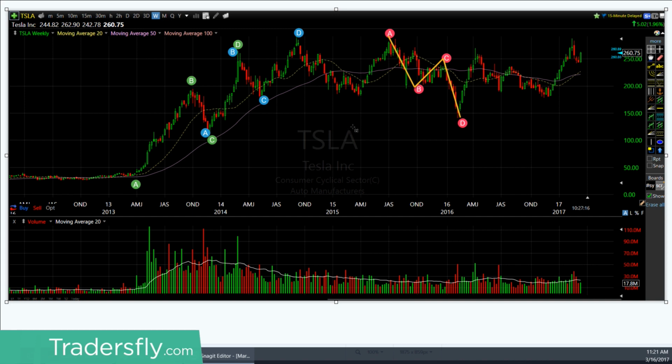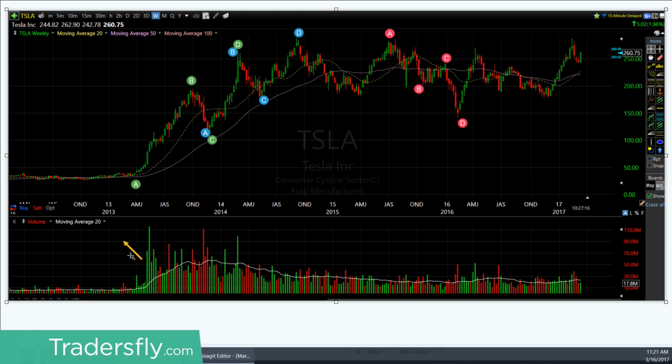Now here's the other interesting fact behind ABCD patterns. When you're really looking at ABCD patterns, what you're ultimately looking for is the volume to confirm this pattern. So as we look at, let's just say, a 2013 ABCD pattern, what you want to look at and see is the volume.